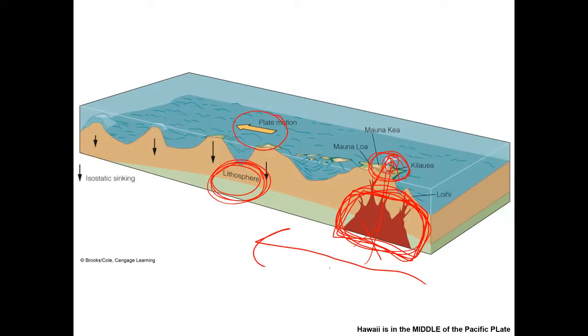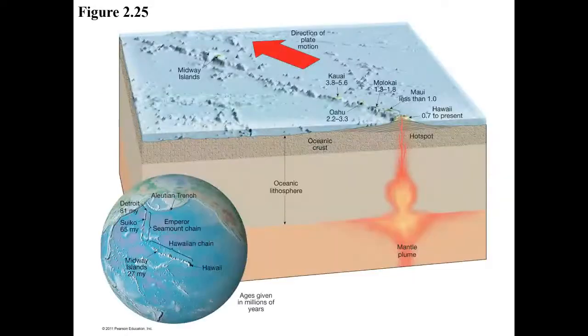So if you were to put a heat source on your stove and put the pot immediately on top of the heat source, sure, you'd pop out of the top. But what if you take that pot and you slide it past the heat source? Now the other side of the pot gets heated and a new plume pops up. So you get multiple islands along the way. The heat source stays stationary. This never moves.